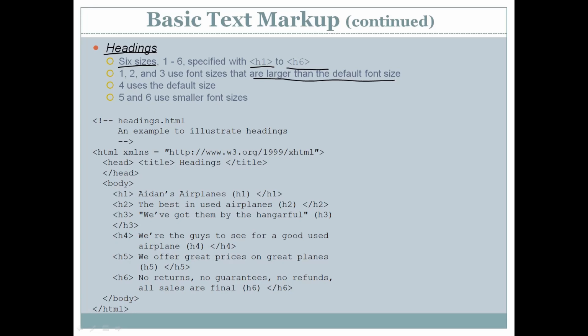And when you use H1, H2 and H3, the size is always larger than the default font size. Whereas H4 uses the default font size, and H5 and H6 use smaller font sizes than the default font size. Okay, let us see an example based on this also.